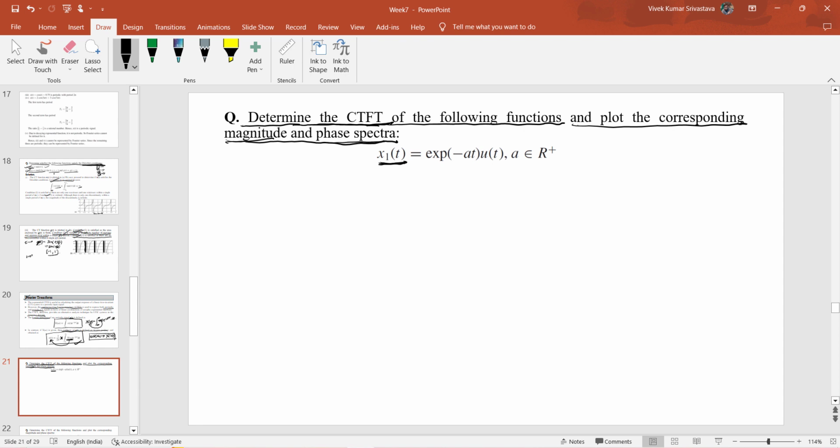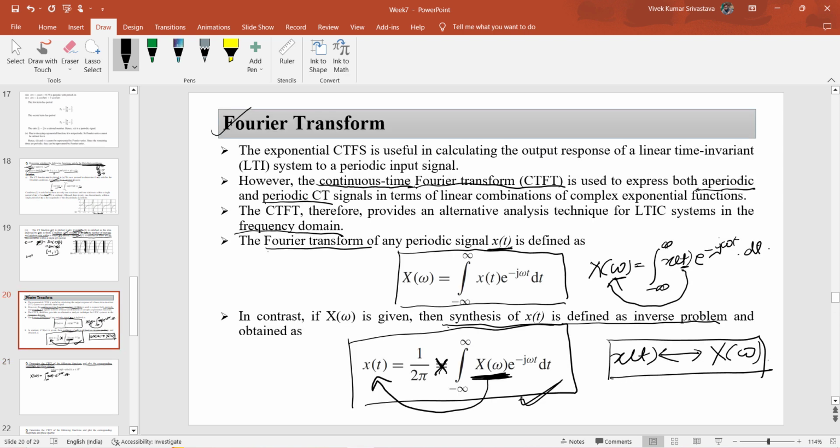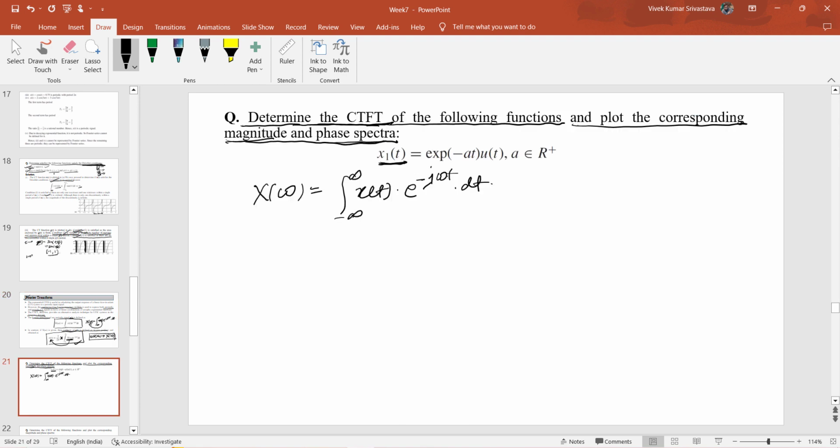For evaluating the Fourier transform we will use this relation: X of omega is equal to the integral from minus infinity to infinity of x of t into e raised to the power minus j omega t dt. Here the signal e raised to the power minus at into u of t is given.